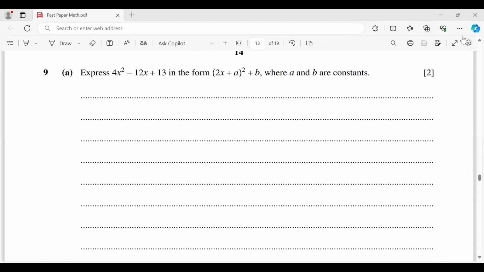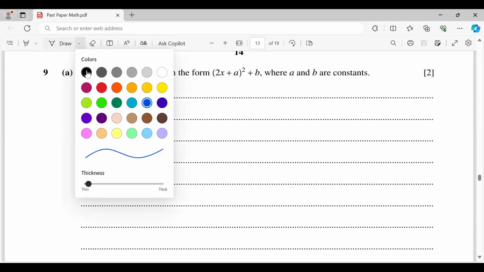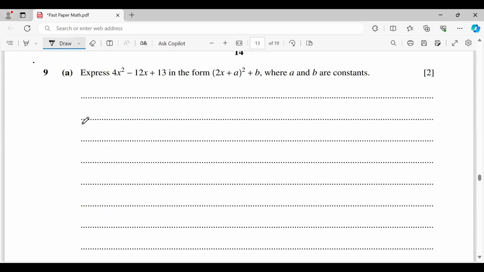Number 9, express 4x squared minus 12x plus 13 in the form 2x plus a squared plus b, where a and b are constant. Right. So it states that 4x squared minus 12x plus 13 equals to 2x plus a squared plus b.